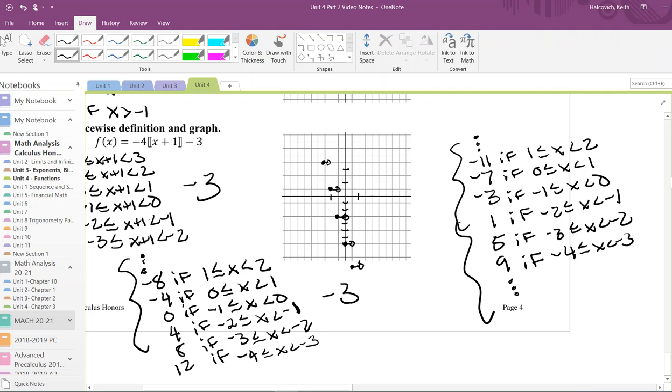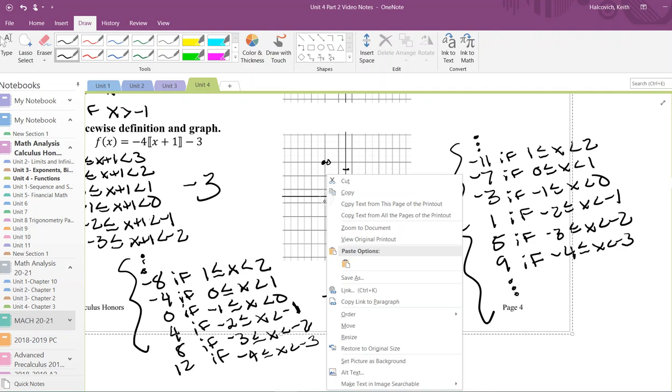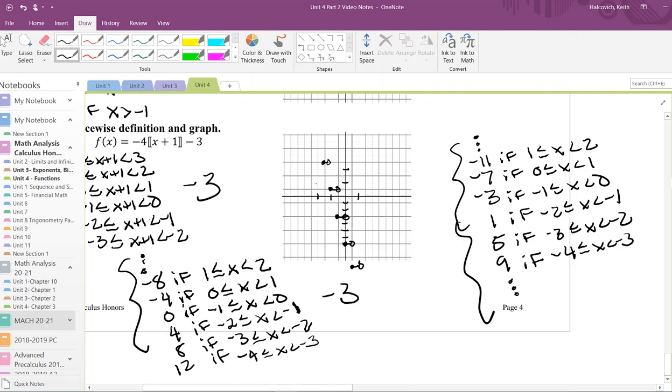And then at -4, it's going to be +9, which I believe is up here. It's 5, 6, 7, 8, 9. So it's right here. That's going to be there to there. And there you go. There's your step function with all its parts.